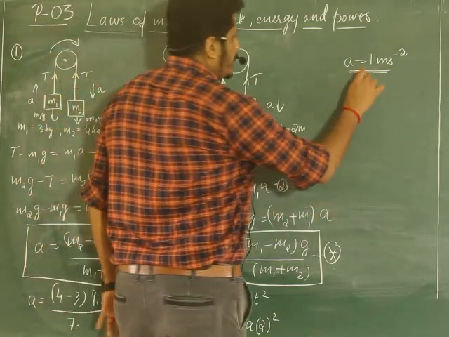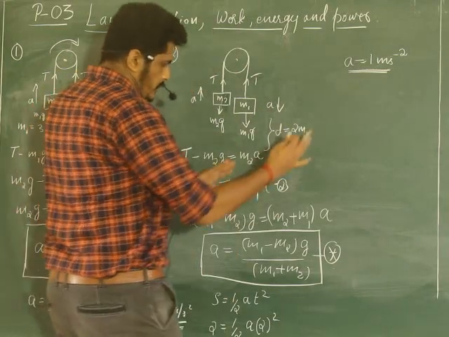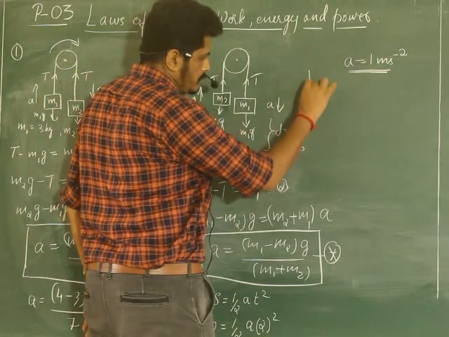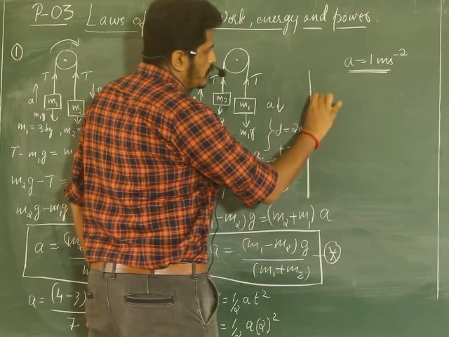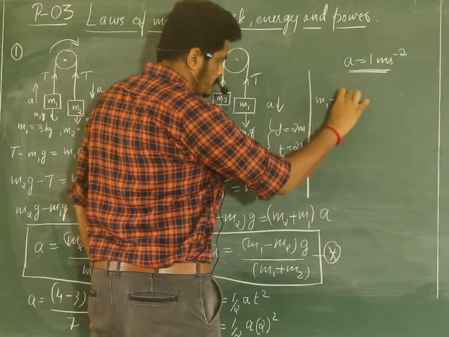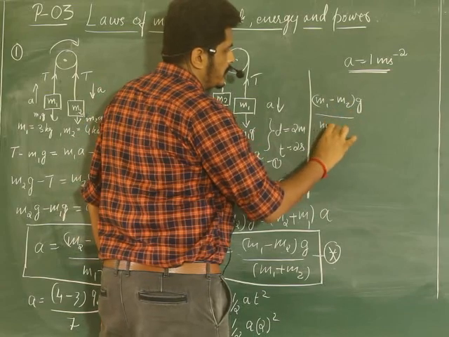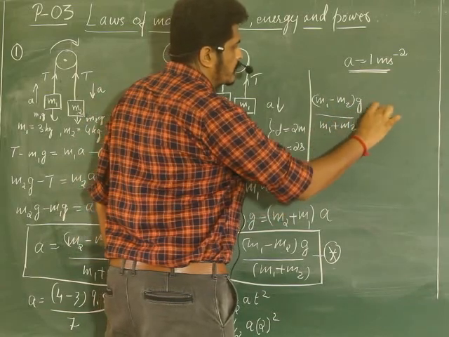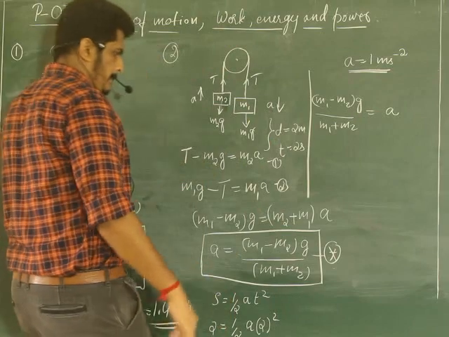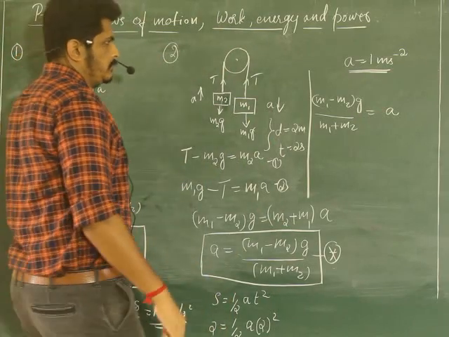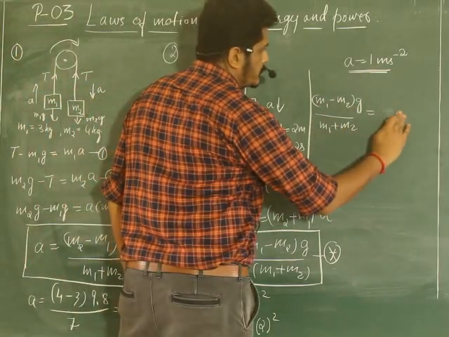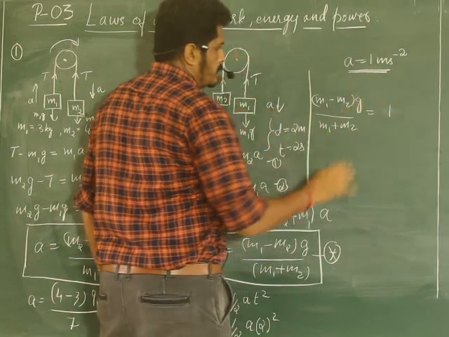So I will apply here. M1 minus M2 into G divided by M1 plus M2 equal to A, correct? But A is equal to 1. So I will just write it down like this here itself.